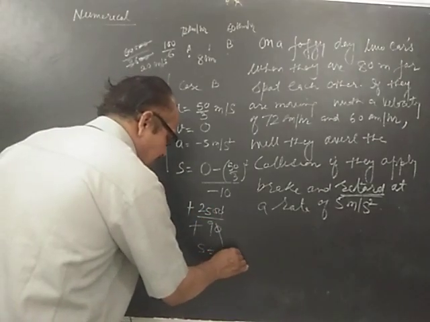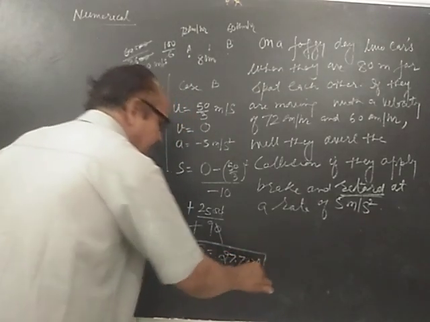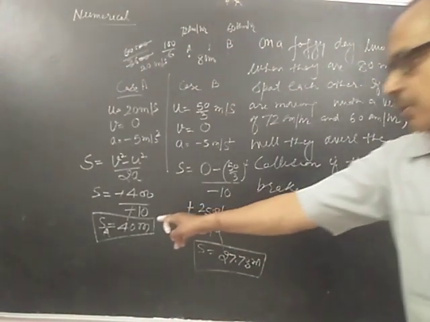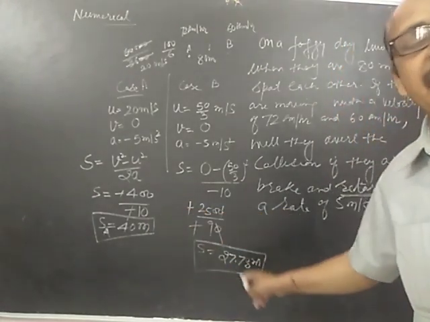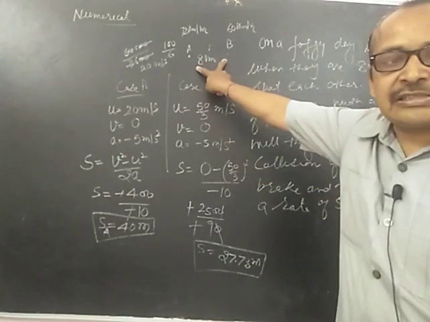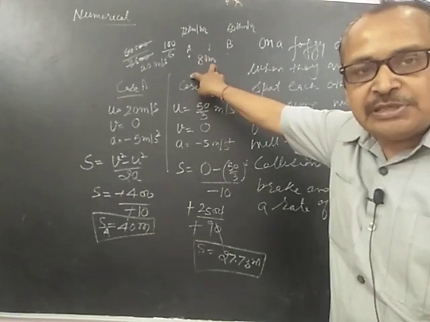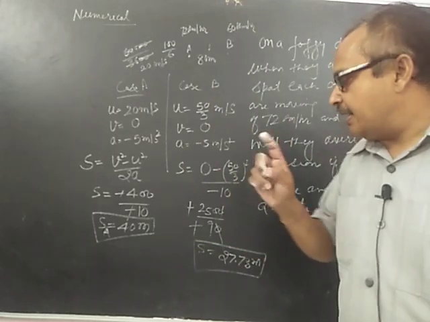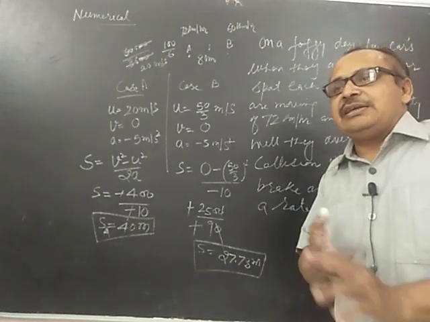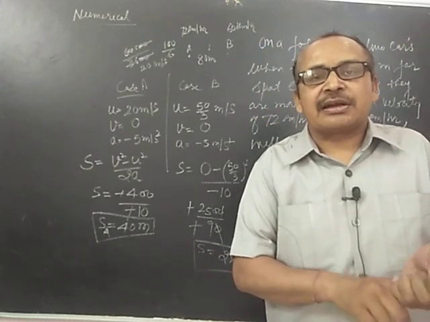That means S is equal to 27.78 meters. And this clearly indicates that the total of the distance traveled by A and B is less than the distance between these two bodies, so there will be no collision, and hence they will avert the collision. See how easy it is to solve numericals when you have a clear concept.